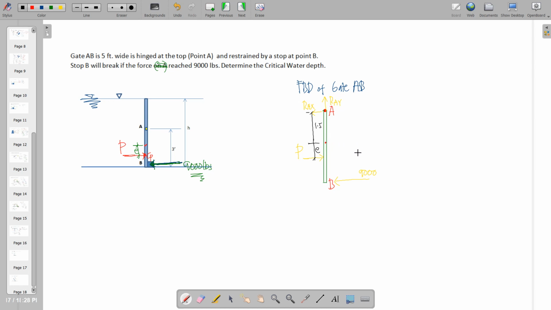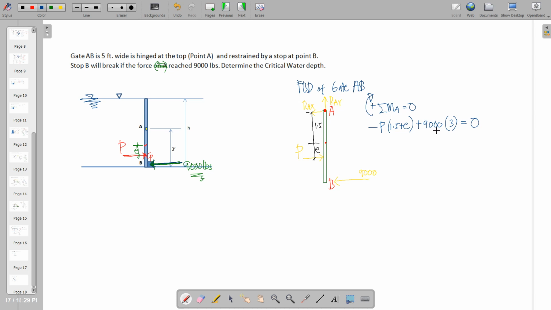Okay, so again, we involve 9,000 here by taking moments at A. Summation of moments at A is equal to 0. P will have a counterclockwise moment times the moment arm, 1.5 plus E, plus the clockwise moment caused by 9,000 times the moment arm, 3 feet. This will now equate to 0. So if you notice, 9,000 will now be involved in our equation.